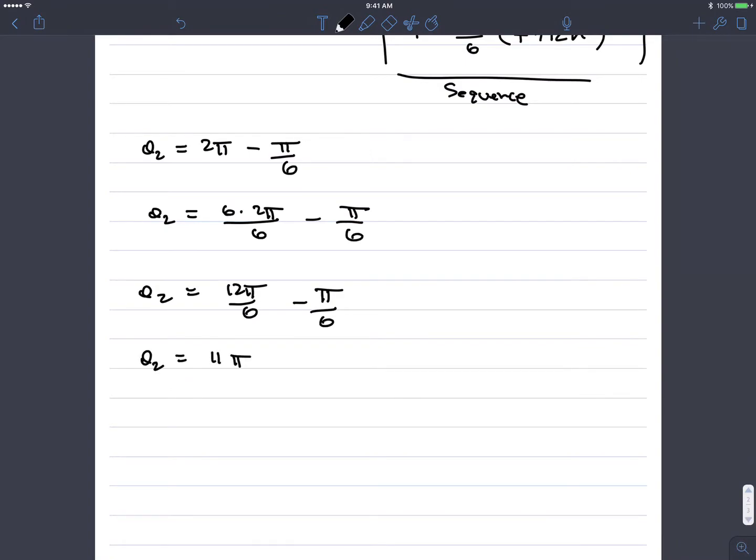You get 11 pi over 6, good. So this is going to be my solution between 0 and 2 pi. Okay, so this is my particular solution over that interval.